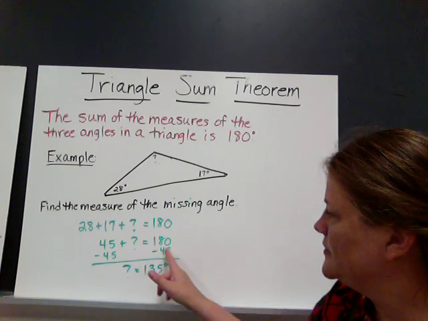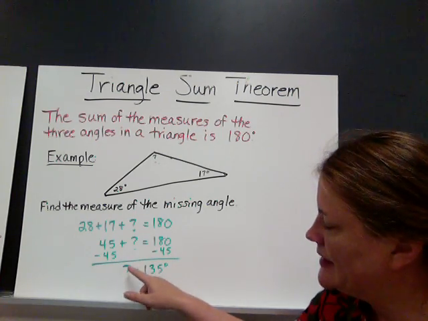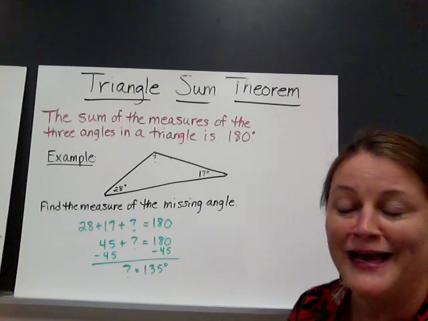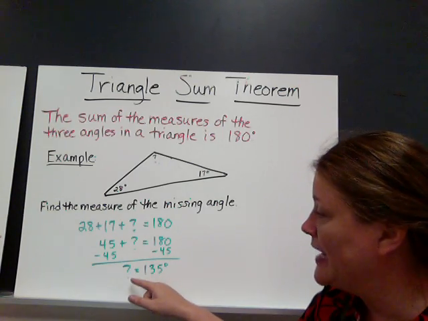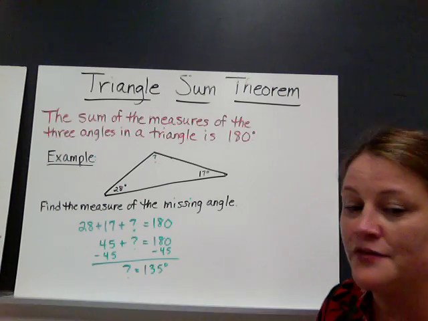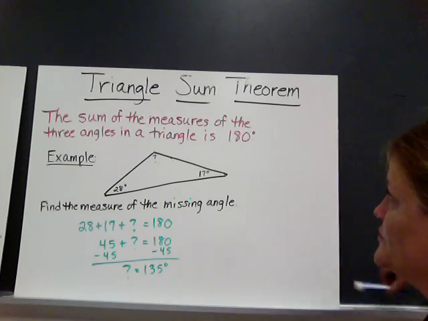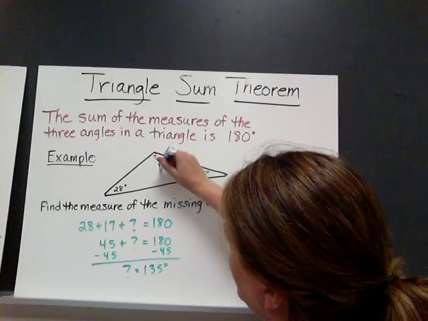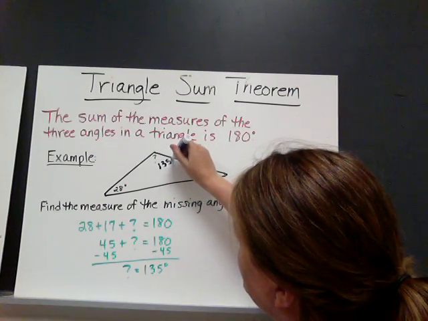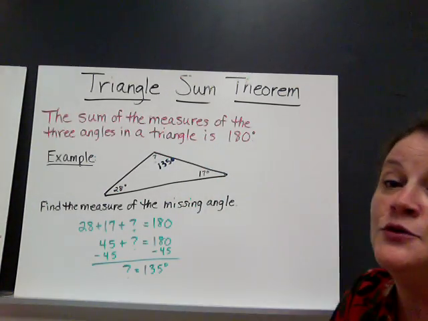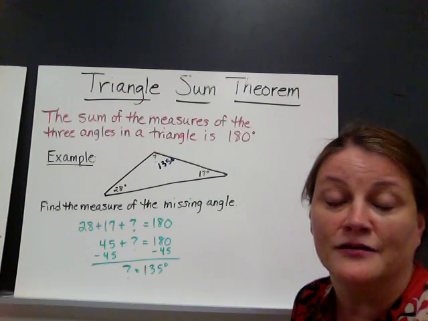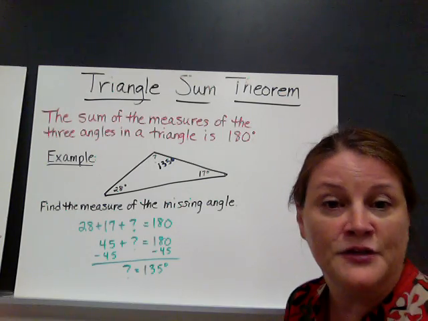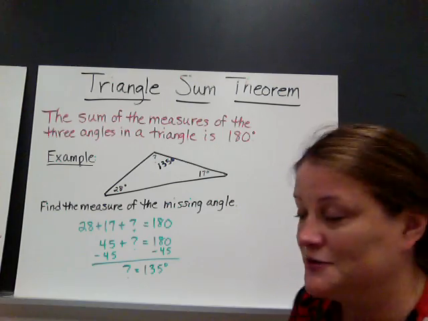So I subtract 45 from both sides of the equation to get that question mark by itself, and we find that that unknown angle measure is 135 degrees. Let's write that in. 135 degrees. So you can find the missing angle of any triangle if you're given two angle measures.